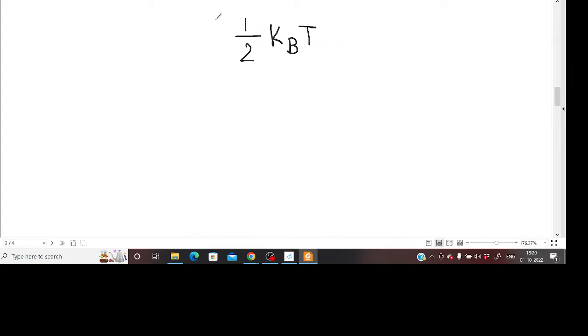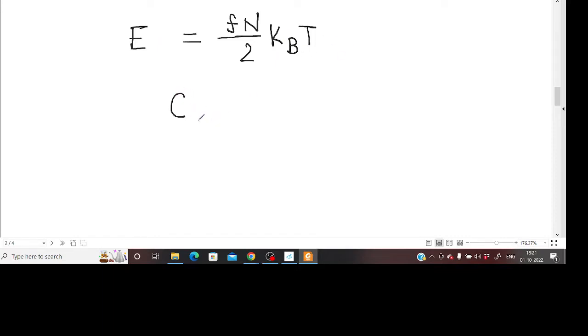Let's say there are N number of particles, and the degrees of freedom of individual particles is F. So the total energy is equal to this.